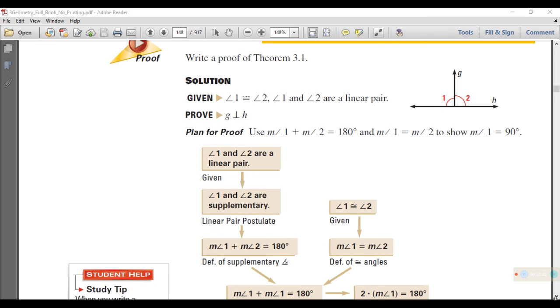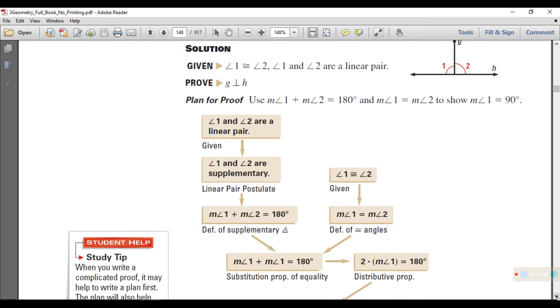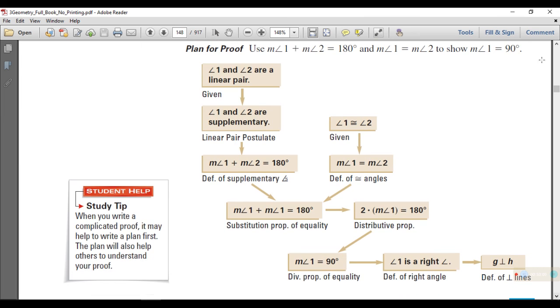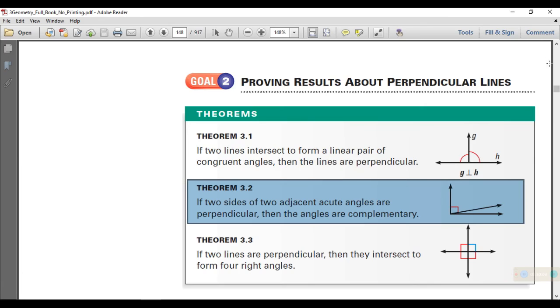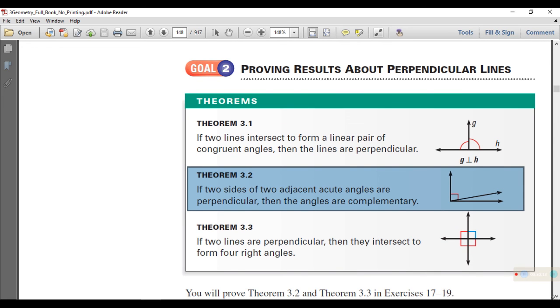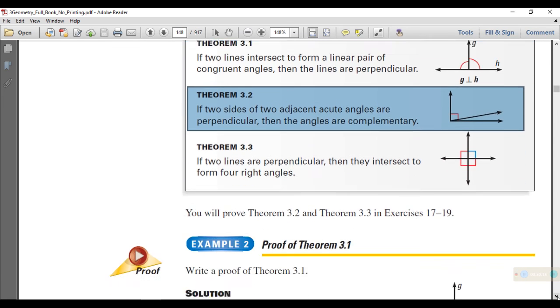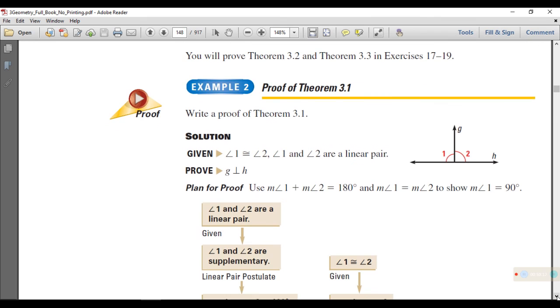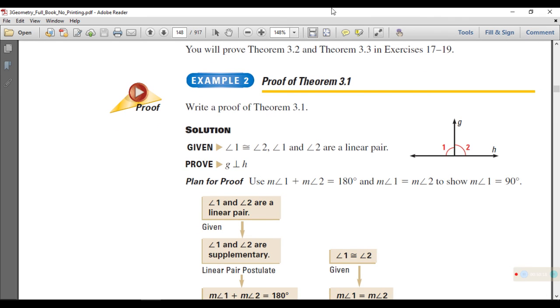Okay, so this is the outline of the proof. Nag-flow chart tayo. Pakita na rin natin siya isa-isa. Proof of Theorem 3.1. Ang given natin, angle 1 is congruent to angle 2. Angle 1 and 2 are a linear pair.